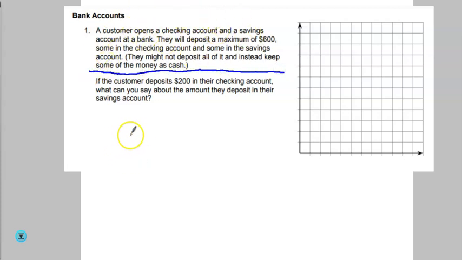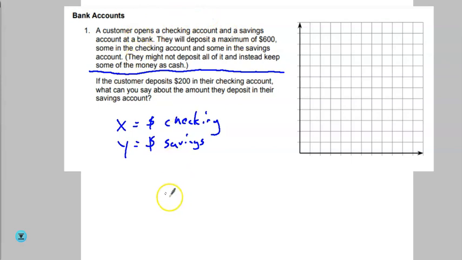We have two types. So I'm going to say x equals the money in a checking account, and y is going to be the money in the savings. It says that this customer is going to deposit some money into checking, some in savings, with a maximum of 600, but that they might not do it all.